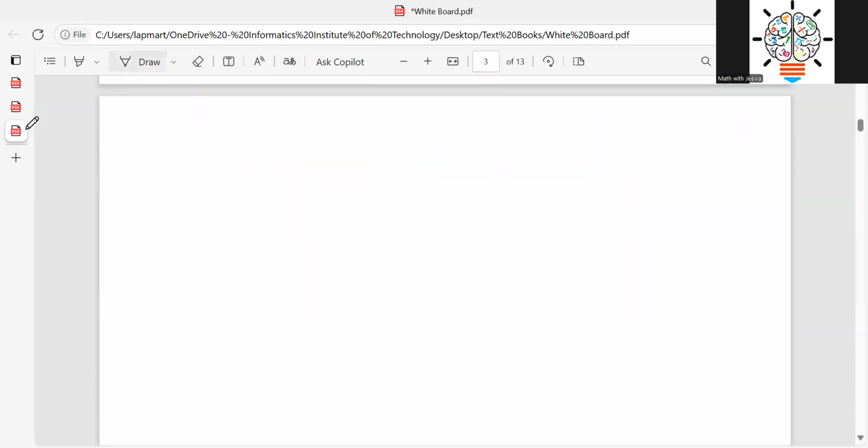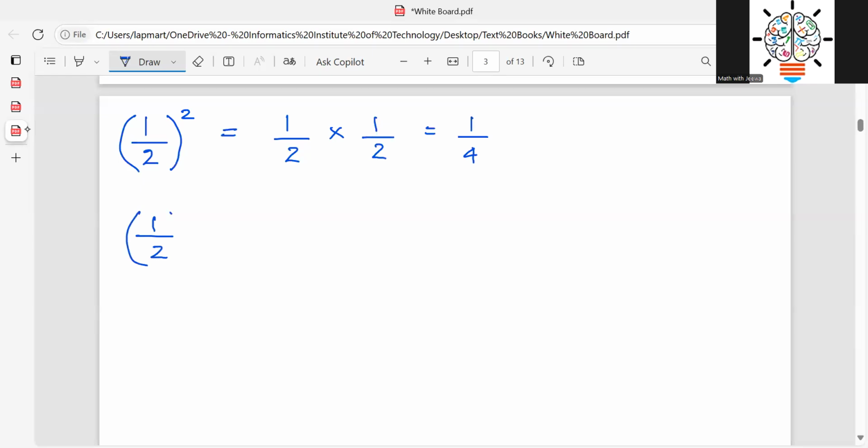Now I'll give you another example. Say you have 1 over 2 to the power 2. What does this mean? You want to multiply the fraction 1 over 2 two times, so that gives me the answer 1 over 4. But if it is 1 over 2 to the power negative 2, what does this mean?